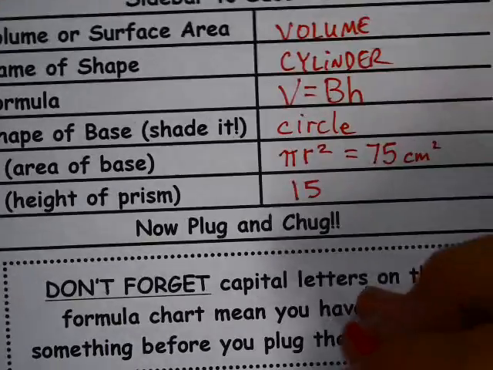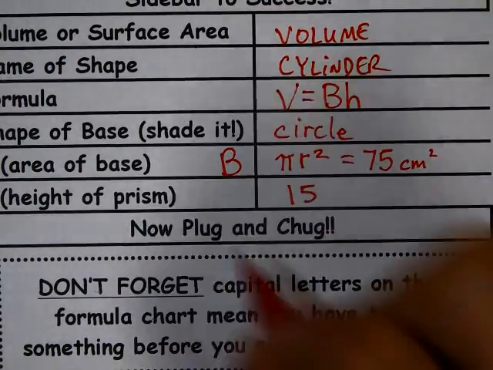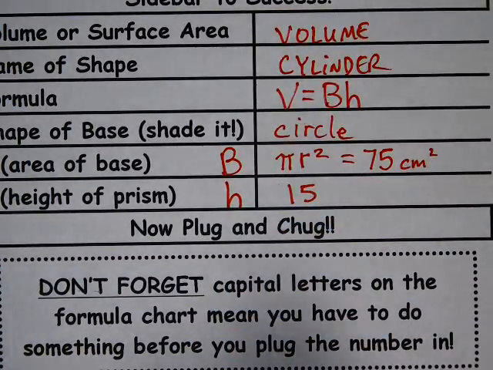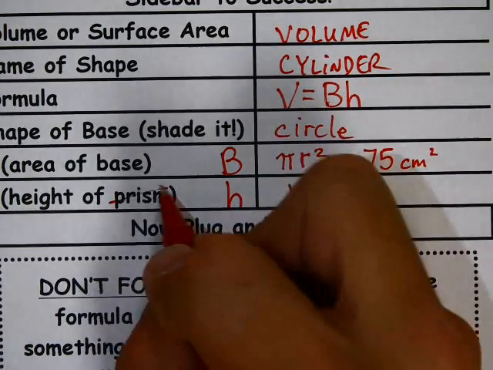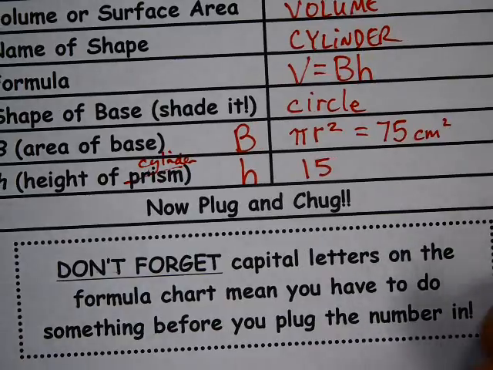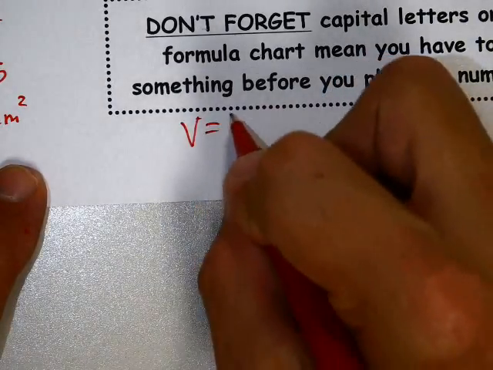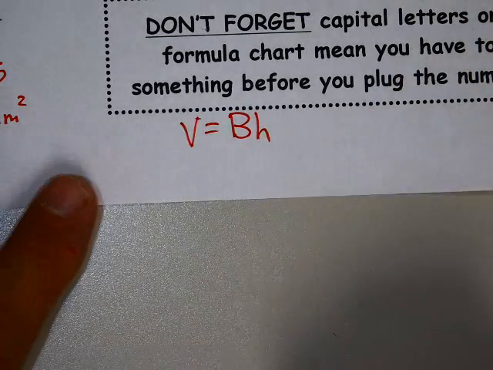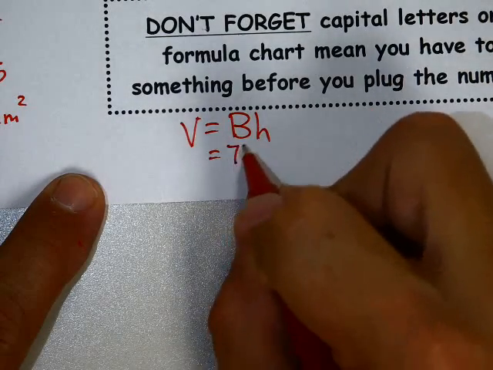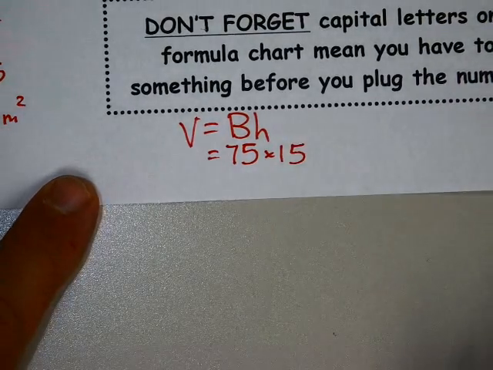Alright, so now I've got my big B. I found that. I've got my height of the actual cylinder. And again, it says prism here if you want to write cylinder there. And so now I'm just going to fill those in and do them. The volume is equal to the area of the base times the height. The area of the base we found was 75. The height was 15.